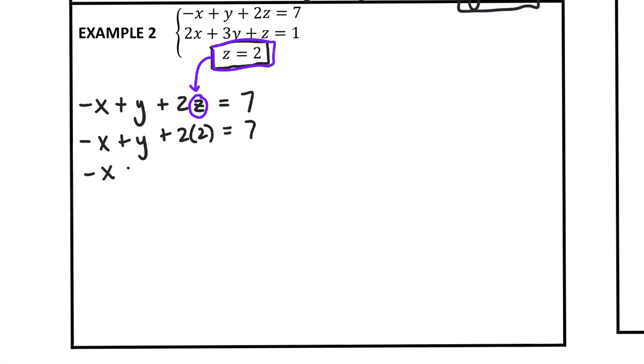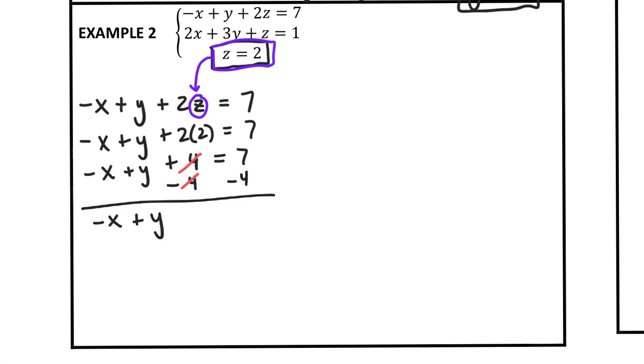Let's simplify. 2 times 2 is 4 equals 7. Move the numbers together. So if I have a 7 on the right and a 4 on the left, I want to move them on the same side. So I'm going to move the 4 over to where the 7 is. Seven minus 4 is 3.